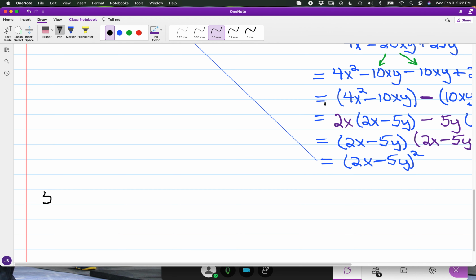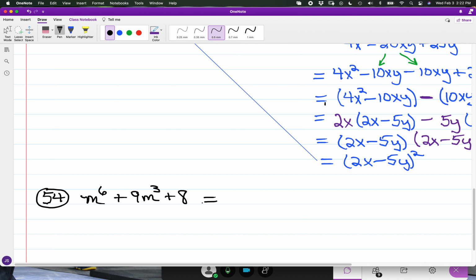For 54, with the variable m, we're not solving an equation, we're just looking at factoring. Here we have m to the 6th plus 9m cubed plus 8.